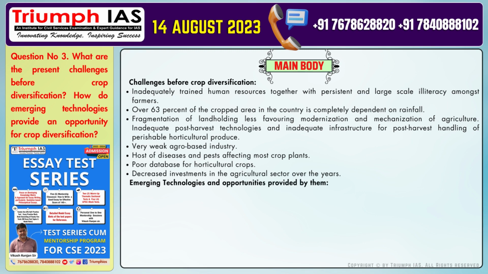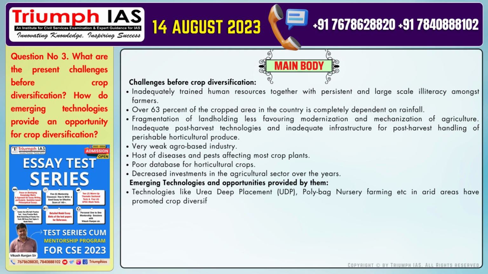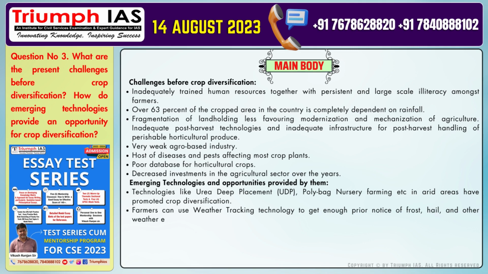Emerging technologies and opportunities provided by them. Number 1. Technologies like urea deep placement, UDP, polybag nursery farming, etc. in arid areas have promoted crop diversification. Number 2. Farmers can use weather tracking technology to get enough prior notice of frost, hail, and other weather events.